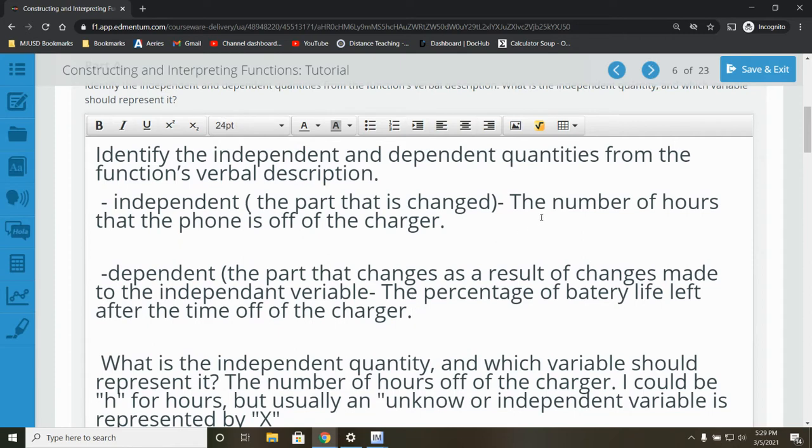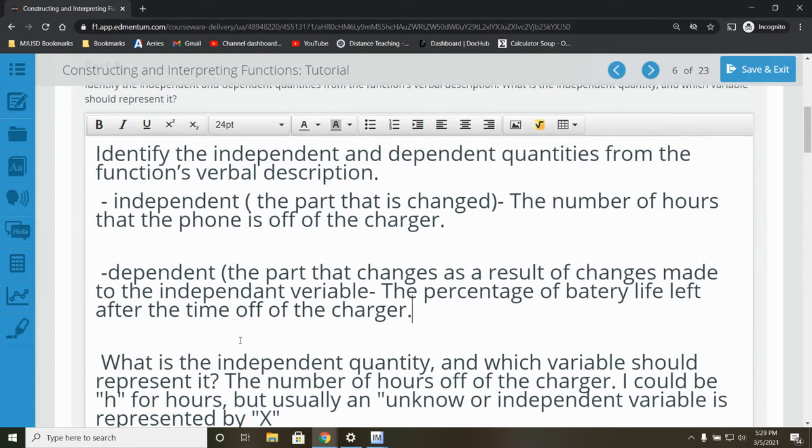So, how long is it off the charger? That could vary. Maybe it takes an hour to get home. Maybe it takes 5 hours to get home to put the phone back on the charger. The dependent is how much percentage of battery life is left depending on how long it was off the charger.